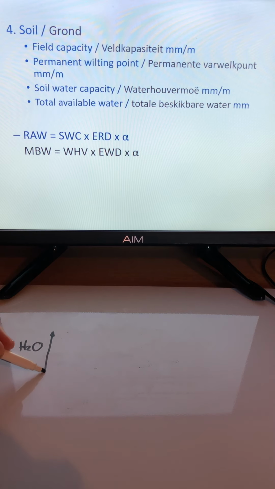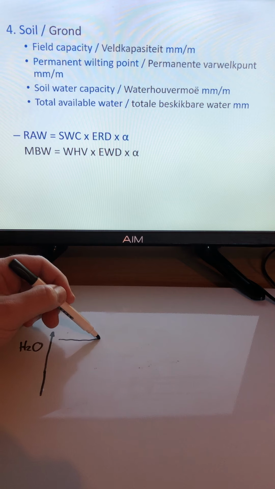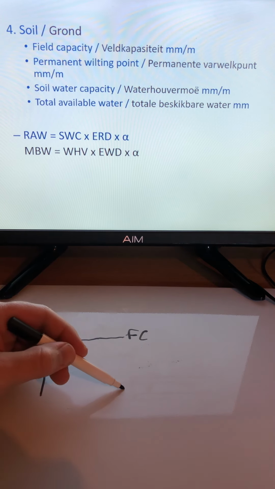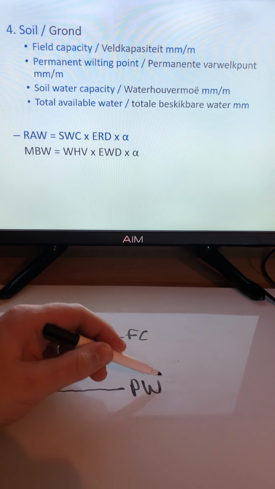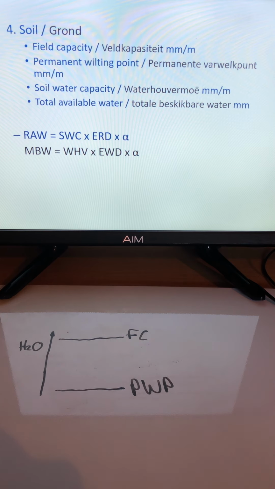Then your field capacity is the amount of water that the soil can hold before the excess water is leached or removed due to gravitation. So at the amount of water at the top here, you have your field capacity. Then at the bottom, you've got your permanent wilting point, so PWP, and that is the little amount of water in the soil before your plant starts wilting.